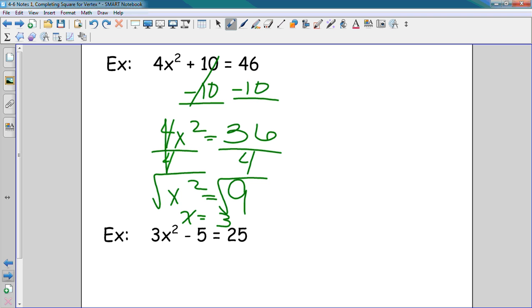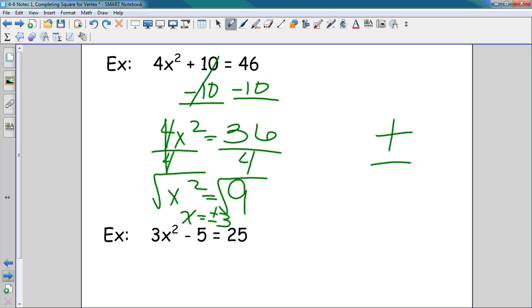Positive or negative, right? Plus or minus. Can't you have negative 3 squared and it still gives you 9? Yeah. So you need to make sure to understand there are 2 answers, plus or minus 3, and that's how we draw it. There's a plus sign on top and a minus sign on the bottom. That stands for plus or minus, or positive or negative 3.